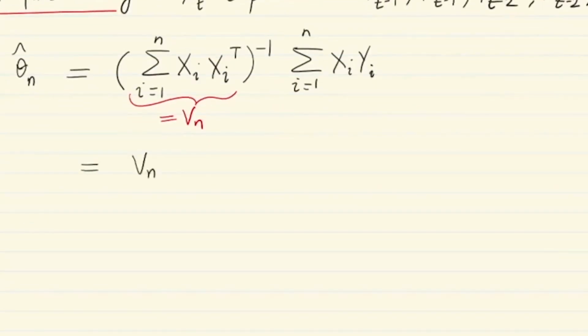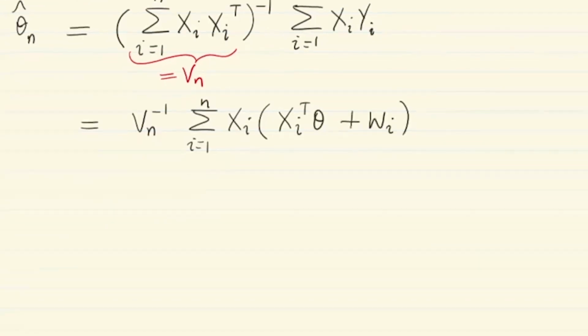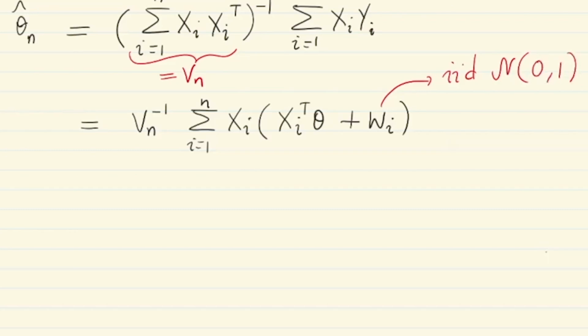However, Vn is a random matrix now. So we can write this as Vn inverse, and by definition, we can expand yi as xi transpose theta plus wi, because that's the assumed linear model for the yi's. The wi's are IID normal 0, 1; let's assume we normalize the variance of the noise to 1 in whatever follows.